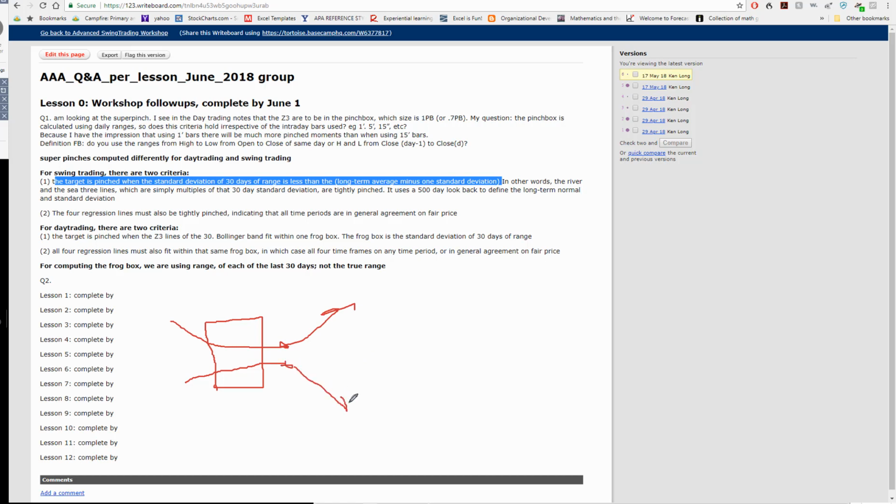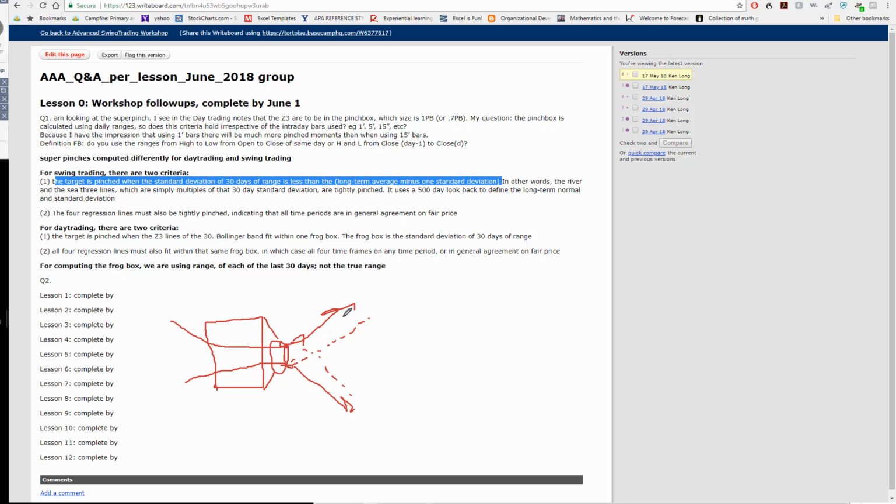If the breakout is to the downside, we're going to trail it with the width of that Z3 to Z3. Or if it breaks out from here to the upside, we're going to trail it with the width of that Z3 to Z3. So the trailing stop is always going to be less than a frog box, because that's what created the criteria. It was less than a frog box. So that's the first one, and that breakout happens and off it goes.